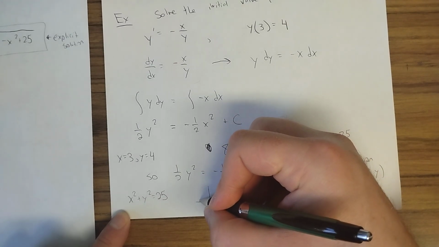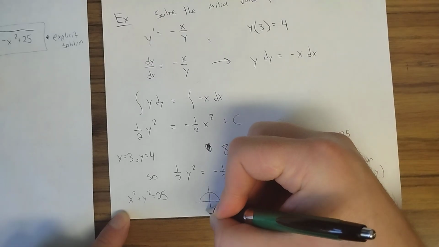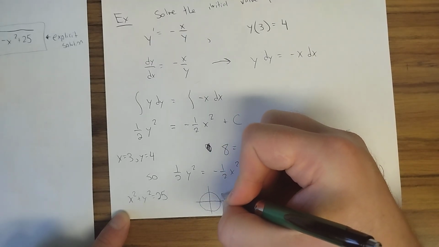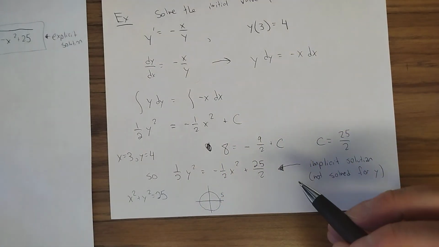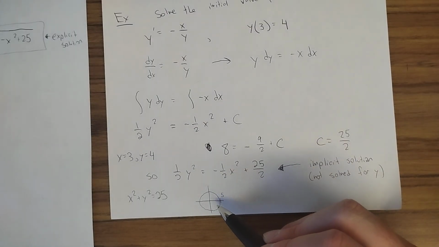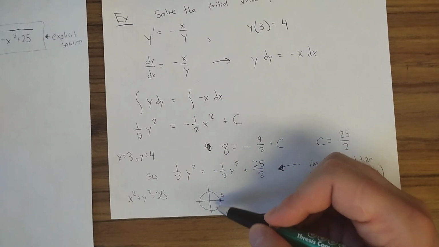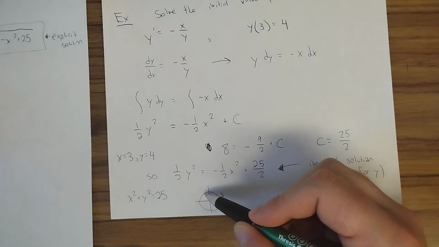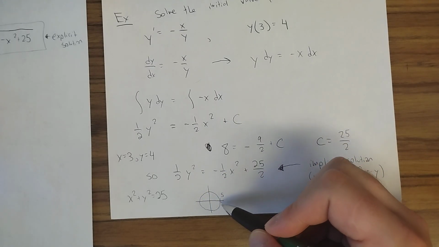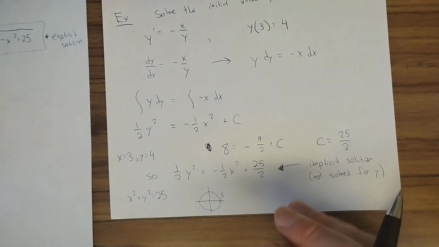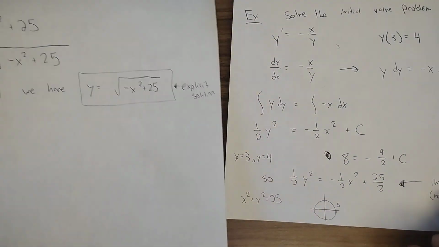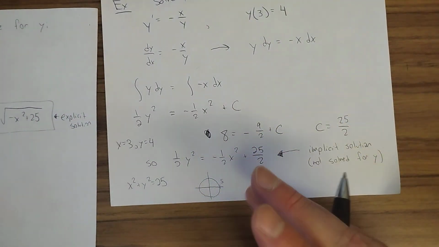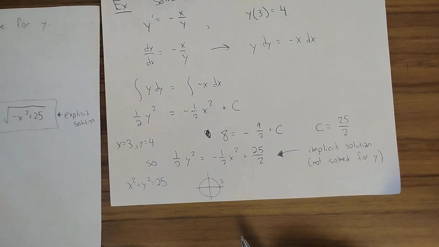This is a circle of radius 5. Which is not actually a function, because it doesn't pass the vertical line test. This is two functions. The top half of the circle is one function, the bottom half is another function, roughly speaking. And we sort of lose that information if we're just giving an implicit solution.